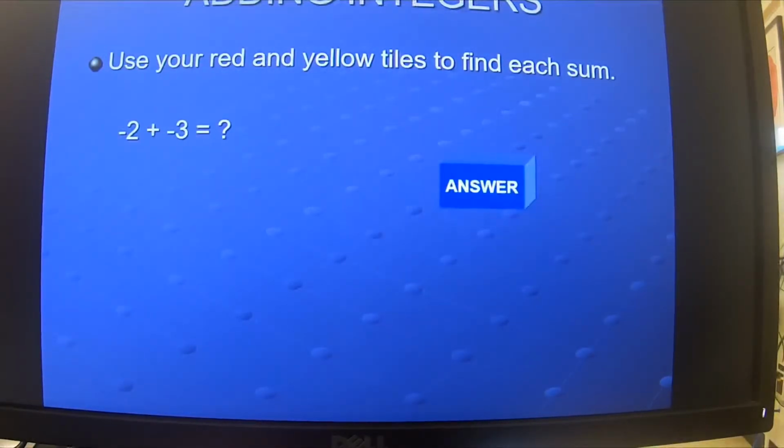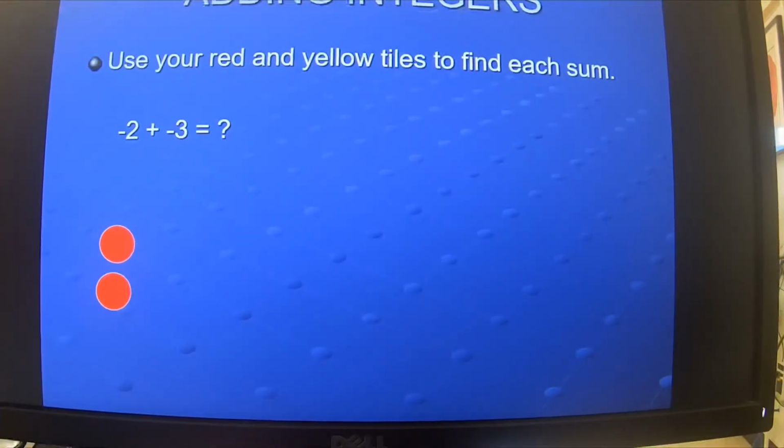Let's try this one. If I wanted to show negative 2 plus negative 3 equals what, model that out for us. So the first thing we would do here is we would draw our 2 negative chips. Now we would add in 3 more negative chips.